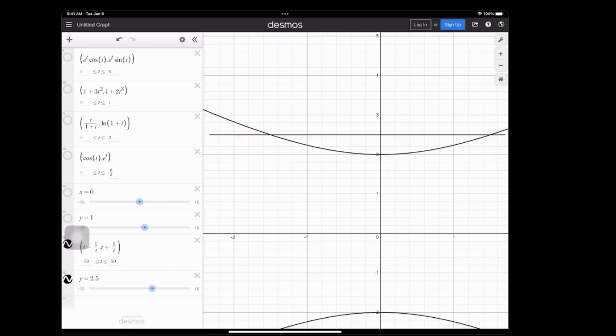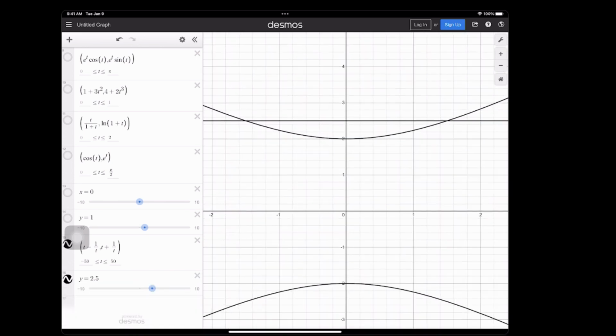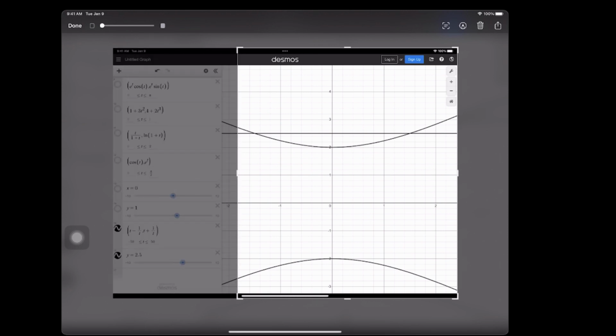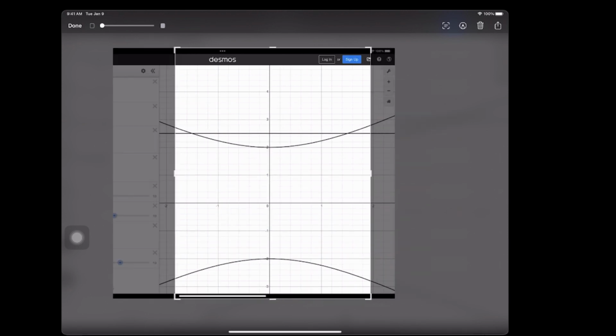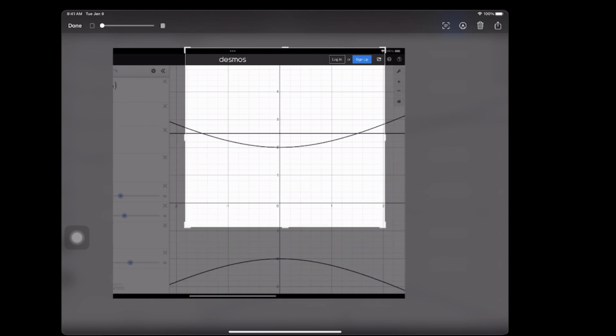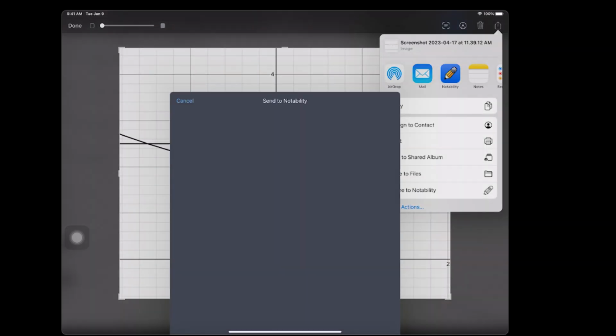Okay, that's your picture. It's not 25. I thought something's really wrong. All right, it's a lot nicer. Import that into Notability.